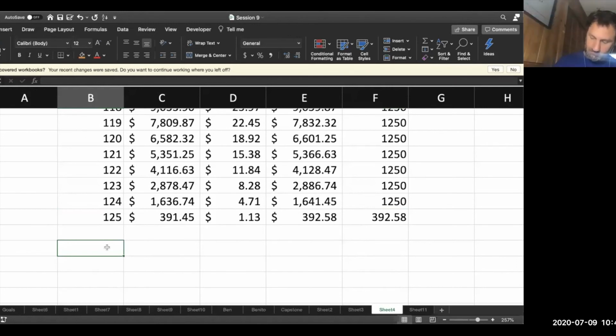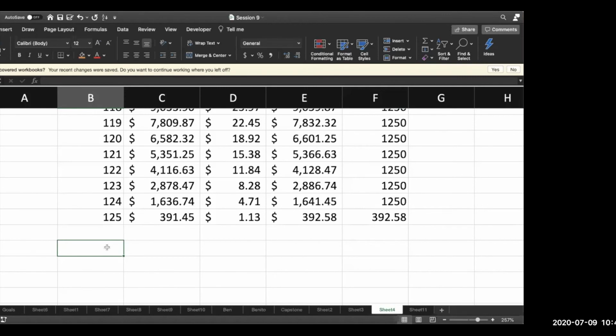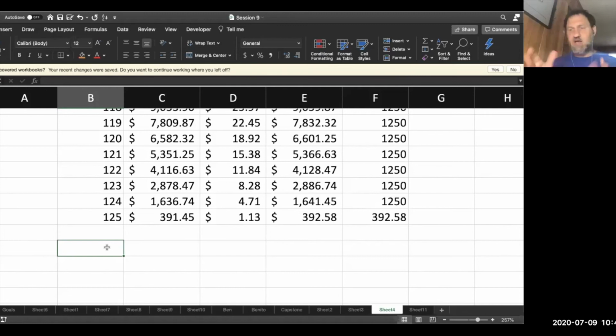Oh, 125 divided by 12. About 10 years, 10 and a half years. So you saved yourself almost 5 years of payments. You got this thing paid off in almost 10 years. And so that's one way that you've saved yourself money.